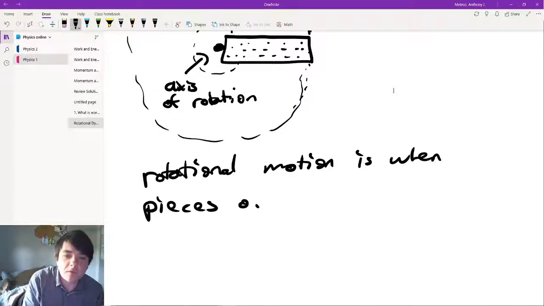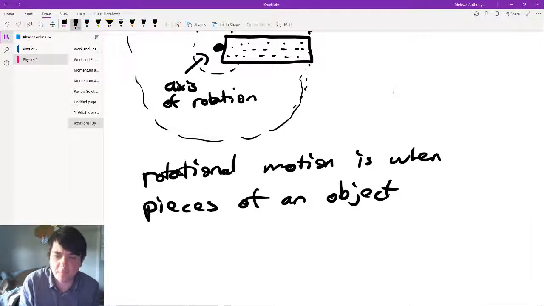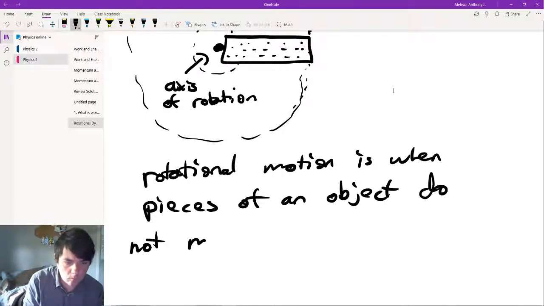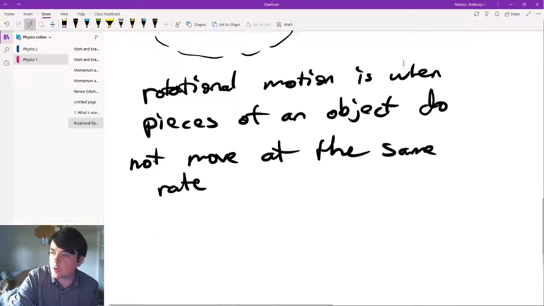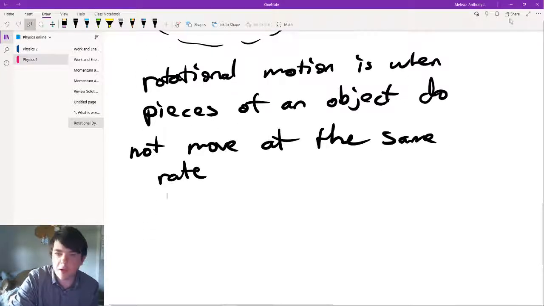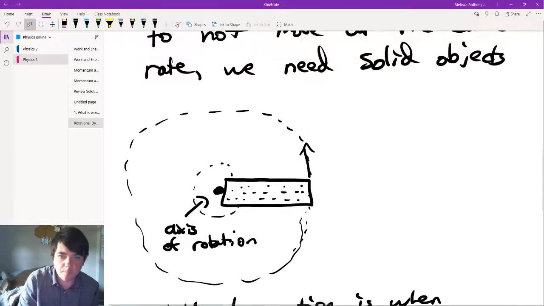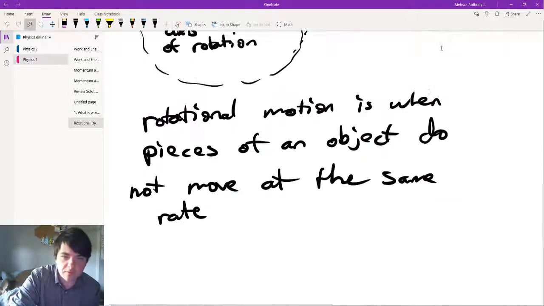So when pieces of an object, or different objects if you're talking about a system, do not move at the same rate, it's simply because these outer pieces have to go farther than the inner pieces.